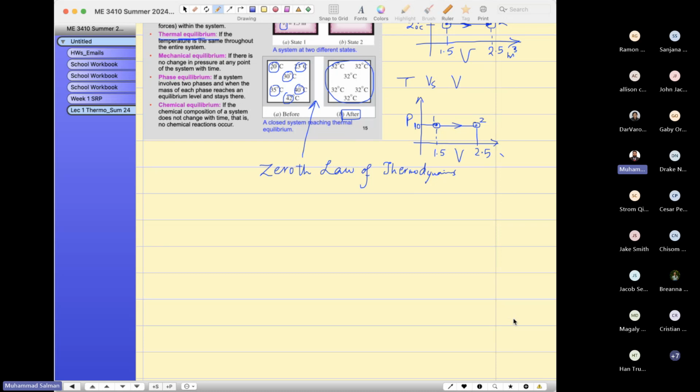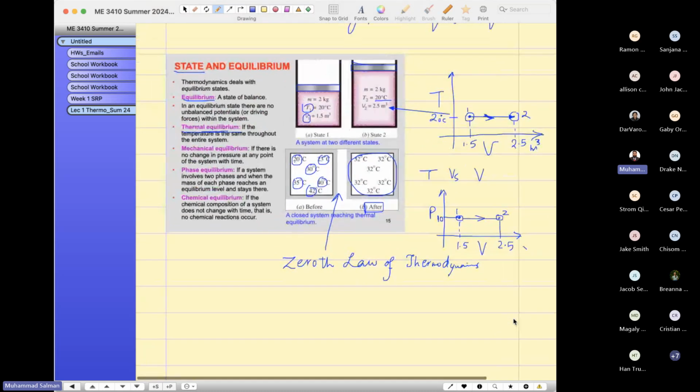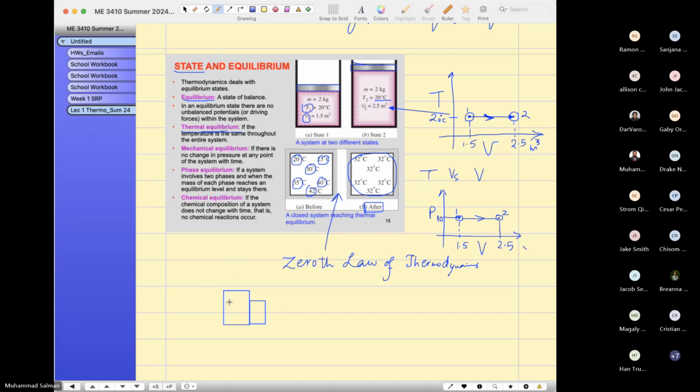What is that law? That if the temperature of the fluid is uneven, it becomes even or uniform after some time. For example, if you join two bodies at different temperature, suppose this is at 100 Fahrenheit, this is 10 Fahrenheit.